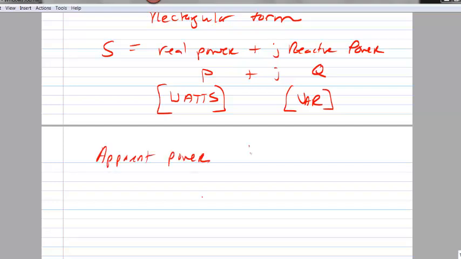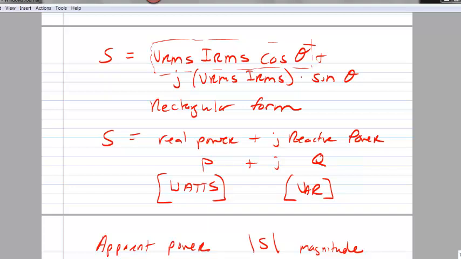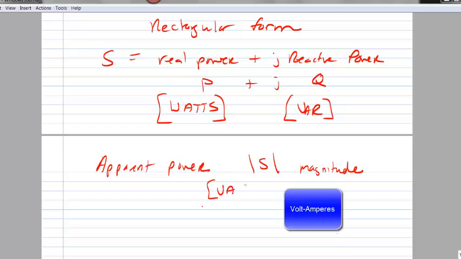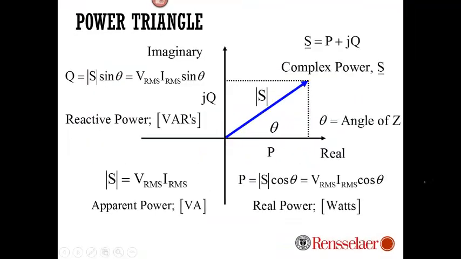The apparent power is the absolute value of S, or the magnitude. Just like with any complex number, we take the real part squared and the imaginary part squared and square root it, and now we have the apparent power. And that unit is VA.